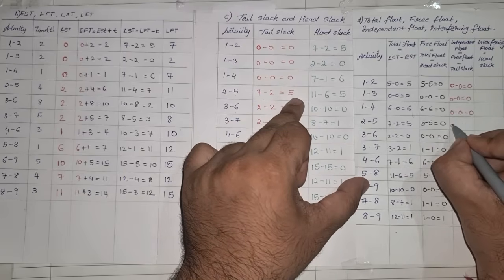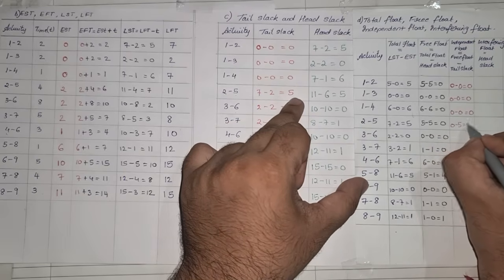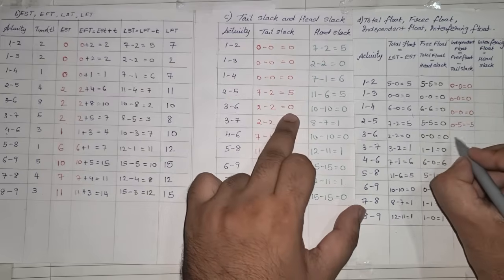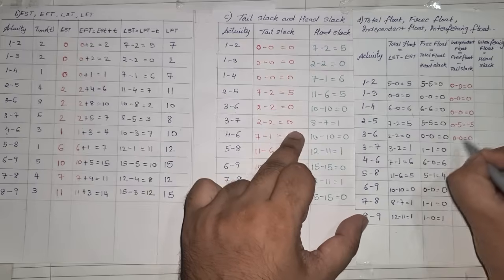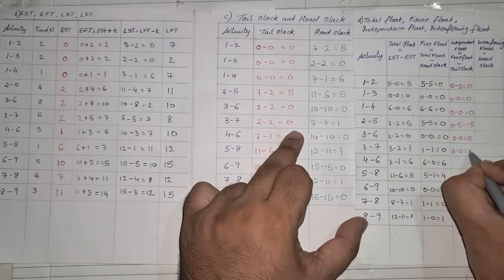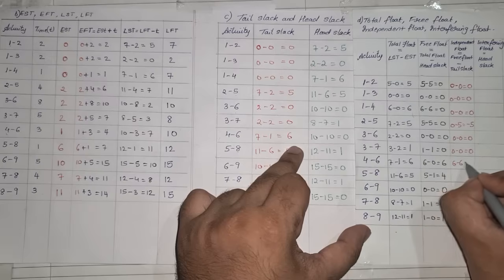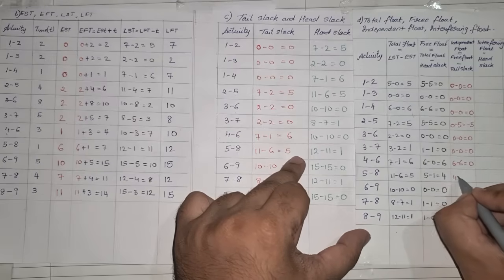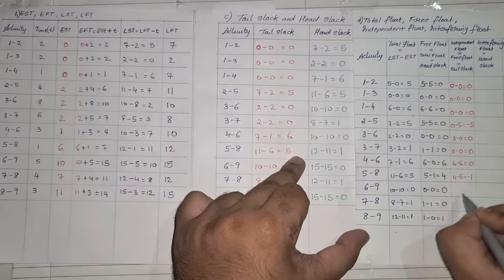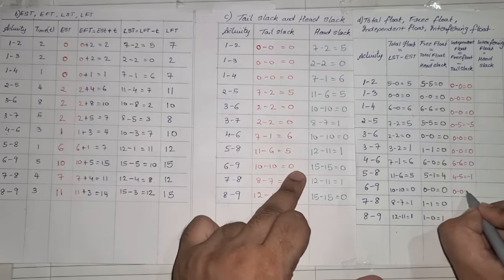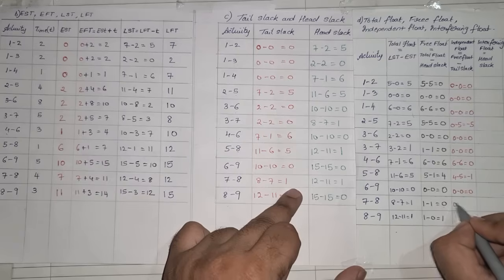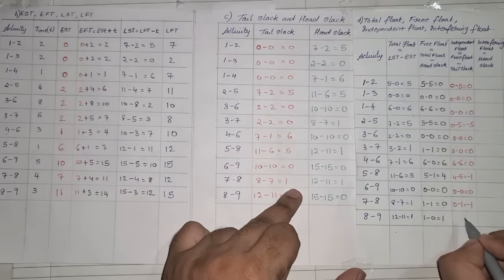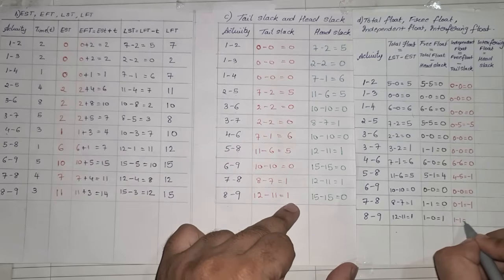Next 0 minus 5, that is negative 5. Next 0 minus 0, which is 0. Again 0 minus 0 is 0. 6 minus 6 is 0. 4 minus 5 is negative 1. 0 minus 0 is 0. 0 minus 1 is negative 1. And lastly 1 minus 1 is 0.